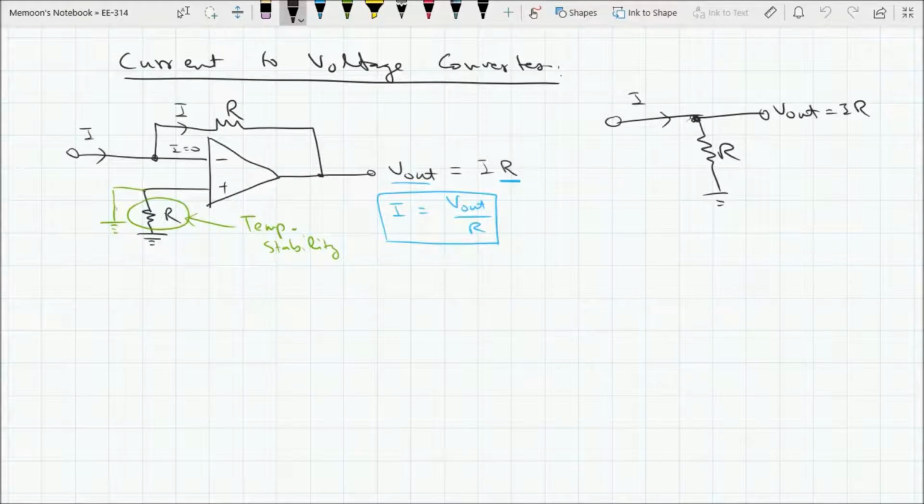Okay. An op-amp's characteristics are that its input impedance is very high or close to infinity. So the op-amp does not act as a load on the input, and an op-amp's output impedance is very low.